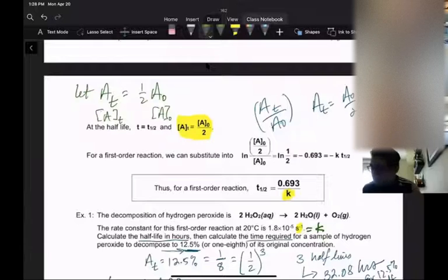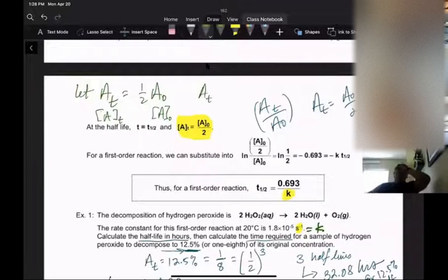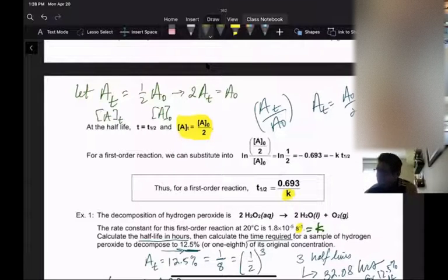And so when we define the half-life, half of it's reacted away. Yes. So we know that we're saying that A at time t, double A at time t equals A naught, right? Just rearranging this equation. Okay. Or plugging that in right here.